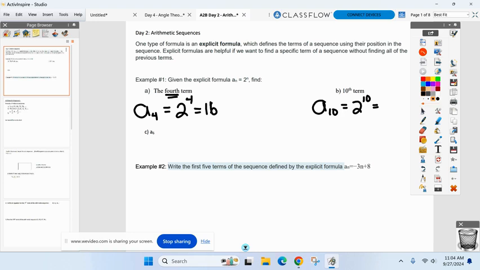That's actually not as big as I thought it was going to be. And then finally, what am I asking for here now? I didn't write it out in words. I wrote it as 6th term. Good. So all I need to do is plug in 6 for n. 2 to the 6th is 64.